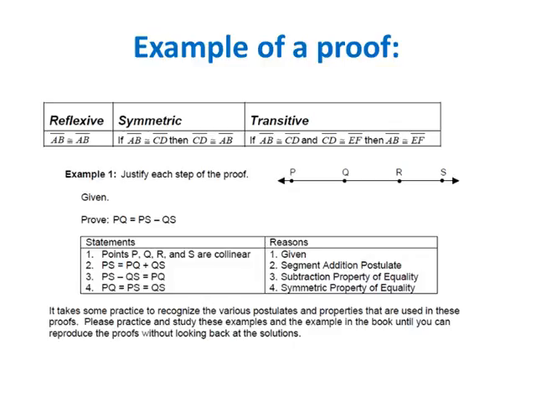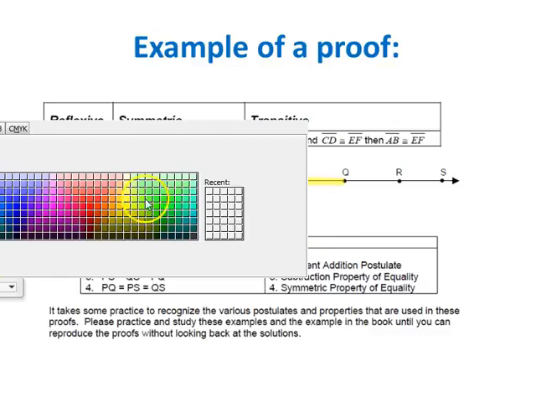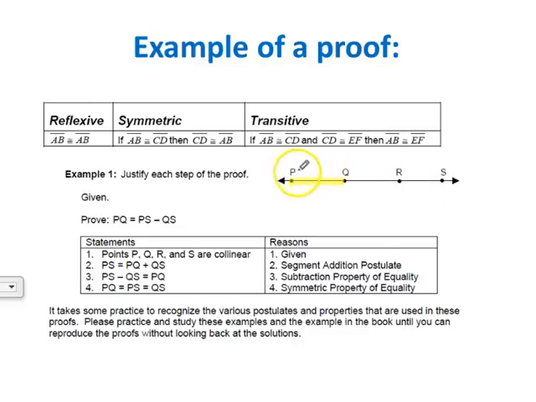So let's see here. Here's another example of a proof. Here we are given this information, this line, and then the points on the line. This is our given. And we want to prove that segment PQ, which is this segment here, is equal to segment PS minus segment QS.